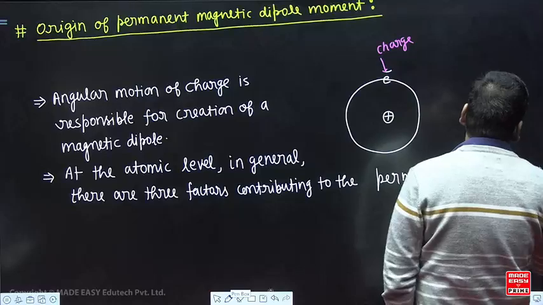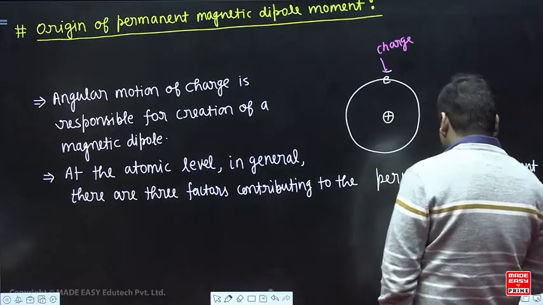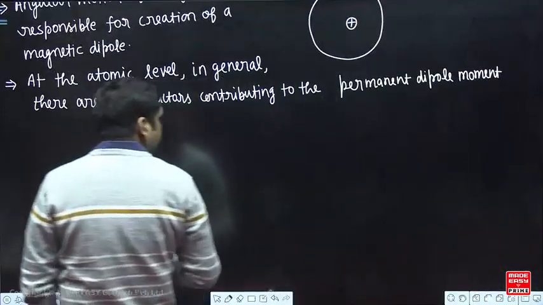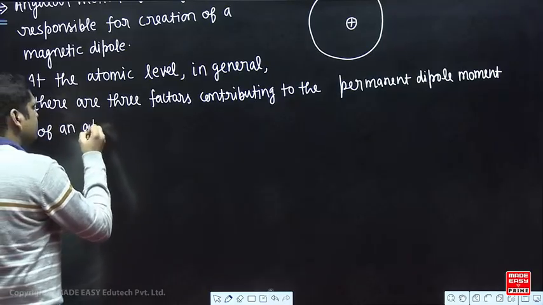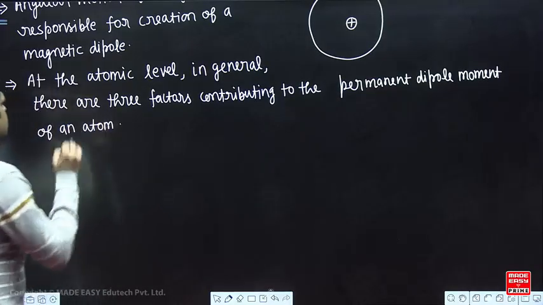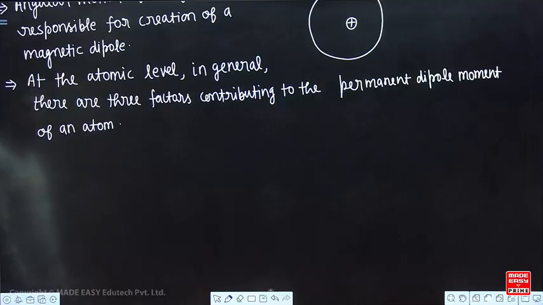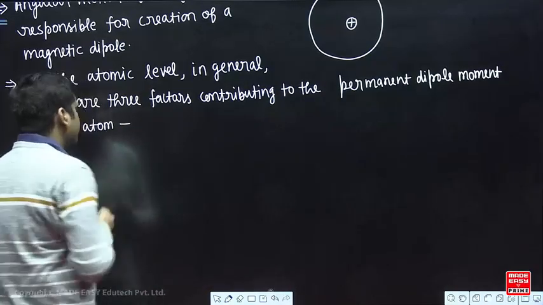At the atomic level in general, there are three factors contributing to the permanent dipole moment of an atom.